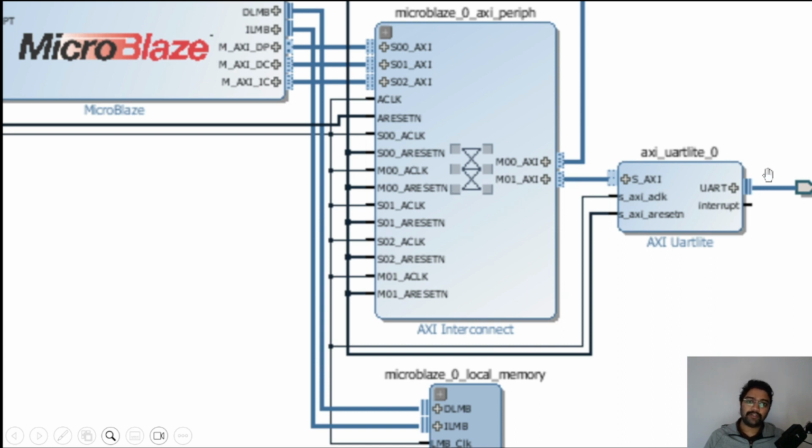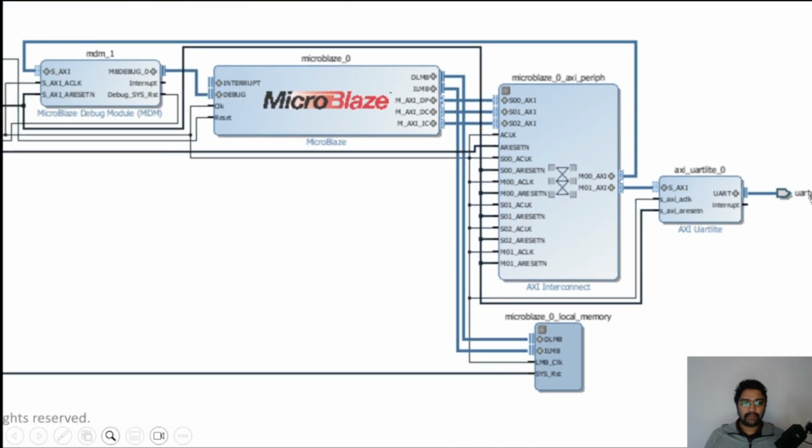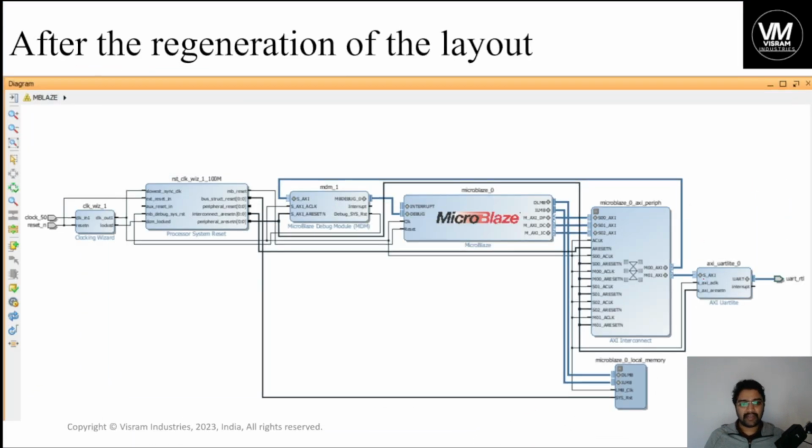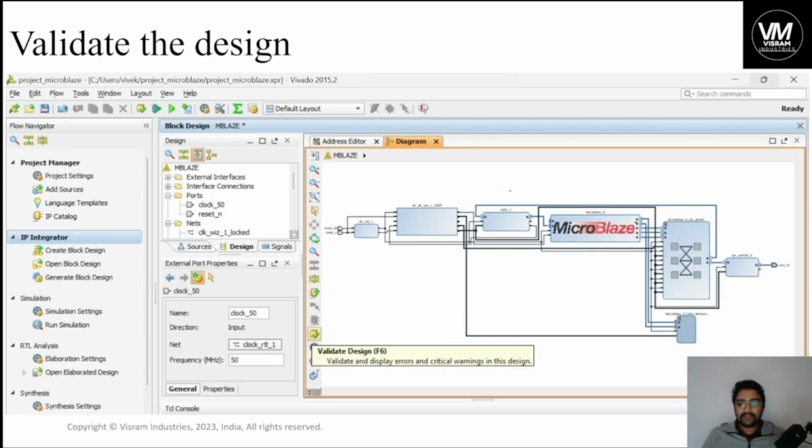It is transferred to the UART protocol. After the set of protocol instructions in the UART peripheral, it will go to the output, whatever is connected to this UART Lite. You can choose LEDs and you can choose an LCD display as well. LCD display, I'll show at the end of this code.